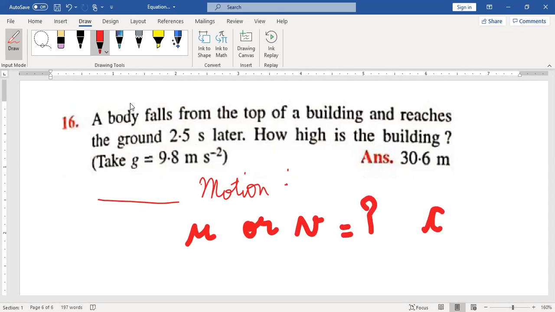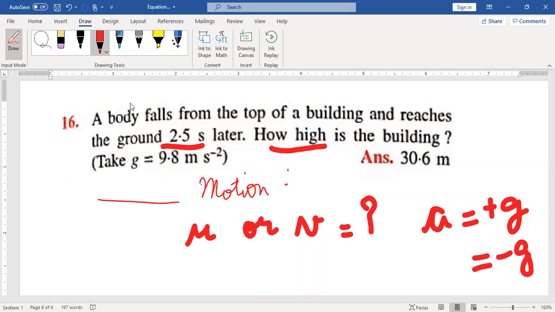Then write down whether a has to be taken as plus g or minus g? What should be the value taken? How much is the time given? And how high means you have to find distance. So again, try this question yourself, everyone. It is an easy question, similar to question number 9.